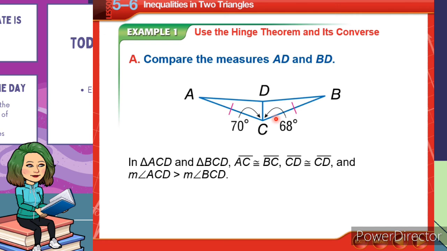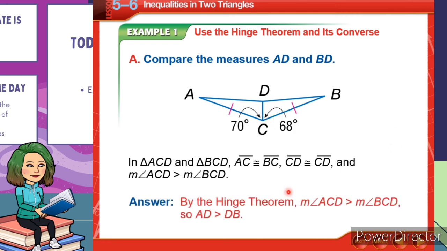And then CD, of course, by reflexive property of congruency, CD is congruent to itself. And the measure of angle ACD, so we're talking about angle C, is greater than angle BCD. Itong angle C na to. So, answer by hinge theorem, sabi natin kanina.